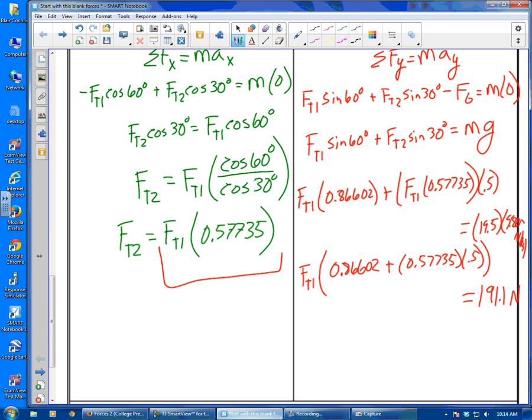And now I can find what FT1 is, because it's my only variable left in that whole expression.